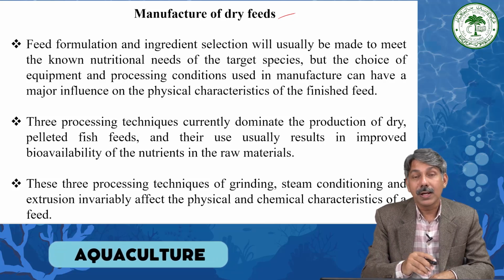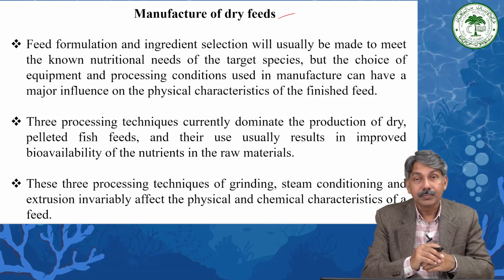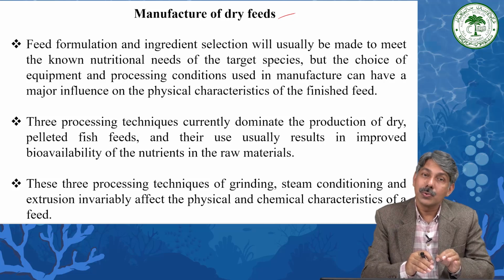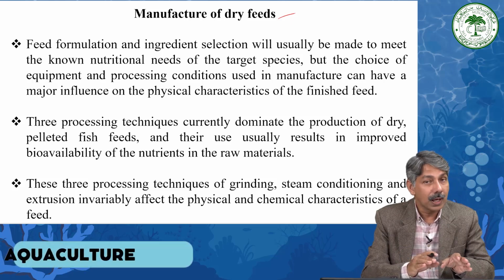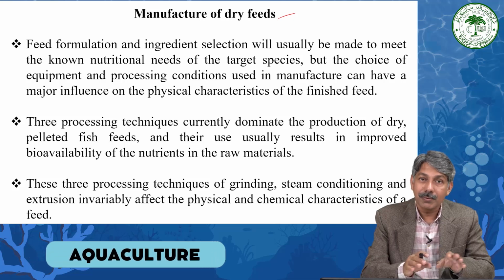We all know that while doing feed formulation and ingredient selection, we have only one objective in mind: how to meet the nutrient requirement of the candidate fish species or other aquatic species. So by appropriately selecting the feed ingredients and having a balanced feed formulation, we have ensured that.